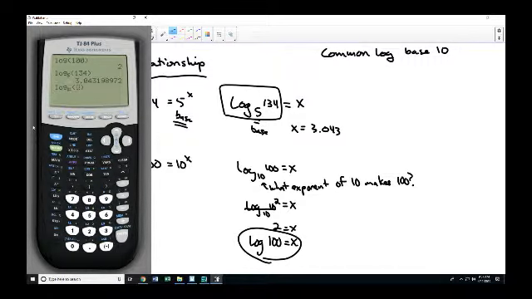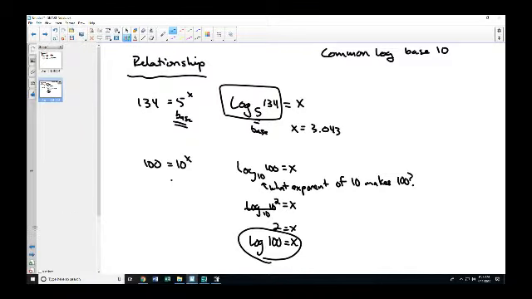Okay. Put it in, I mean, at least. That's not right. 5 to 0 is 1. Okay. Yeah. No, if you want to change that to base 10, it's called the change of base formula. This is not official yet, but that's the change of base.